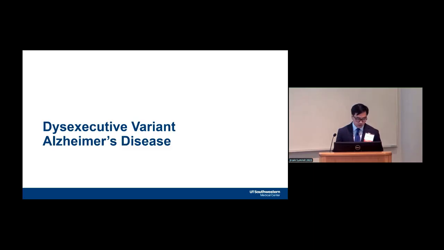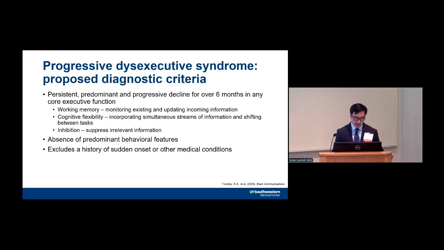The last two syndromes here that I'm going to cover have been recognized, as it were, but the clinical syndrome has not been fully defined as well. The dysexecutive syndrome has proposed research diagnostic criteria for this progressive dysexecutive syndrome.